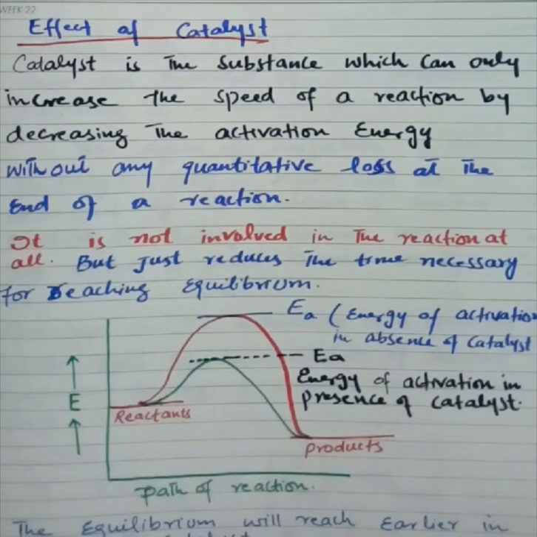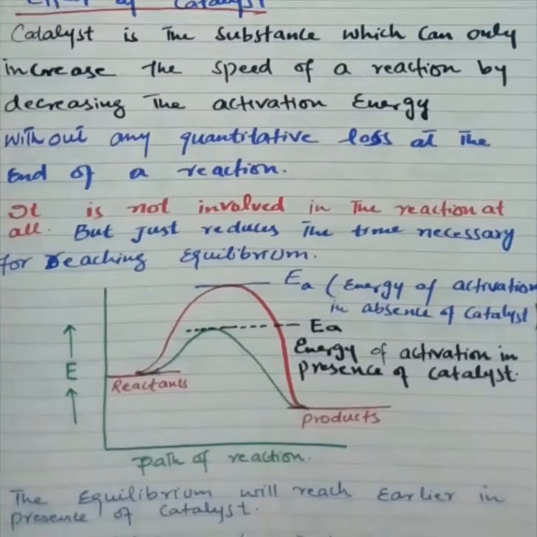A catalyst is defined as a substance which can only increase the speed of a reaction by decreasing the activation energy of the system. It is a species which does not take part in the chemical reaction at all. It is not involved in the reaction. It does not change the concentration of the reactants or products, but just decreases the time to reach the equilibrium state or the time to reach the completion of the reaction.